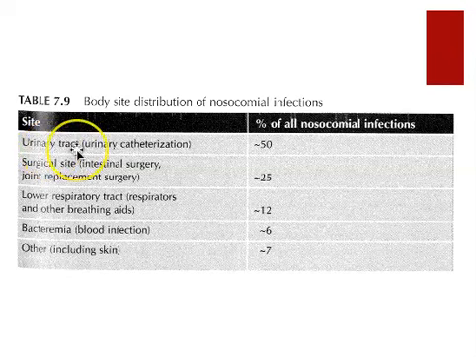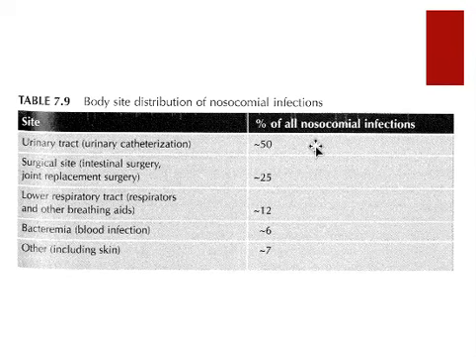You've got urinary tract through urinary catheterization, surgical sites, particularly sites of intestinal and joint replacement surgeries, the lower respiratory tract through the use of respirators and other breathing aids, and finally blood infection or bacteremia, and skin infection and other sites. On the right-hand side of the table, you can see that by far the urinary tract is the site of the most nosocomial infections that are encountered in hospitals.